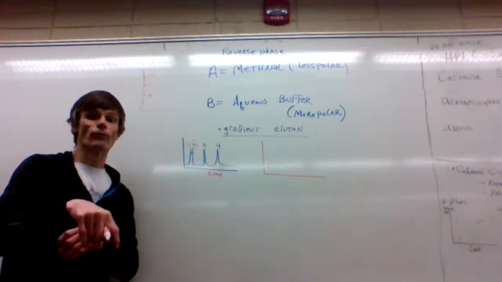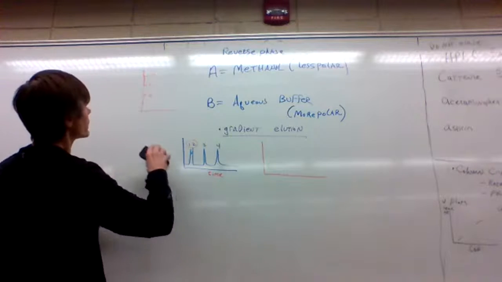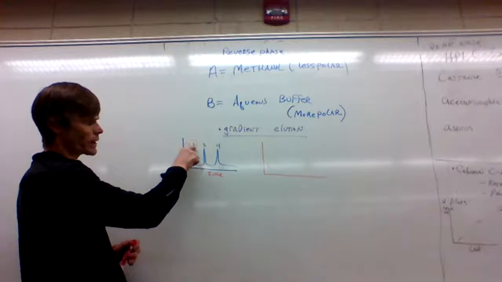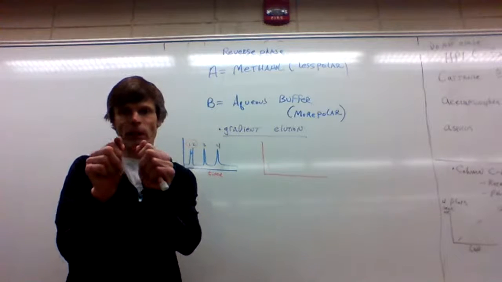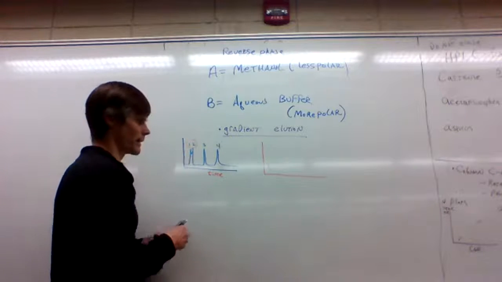Let's make our mobile phase even more polar. And if we make it more polar, it might encourage 1 and 2 to separate a little bit better and really emphasize the differences in their polarities.